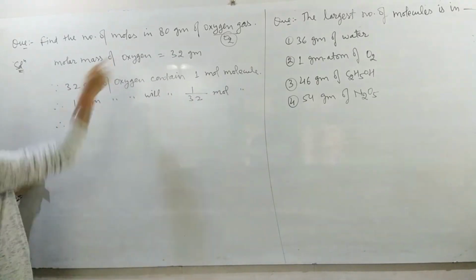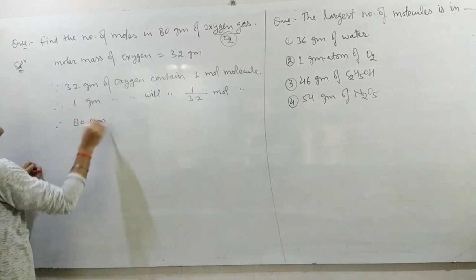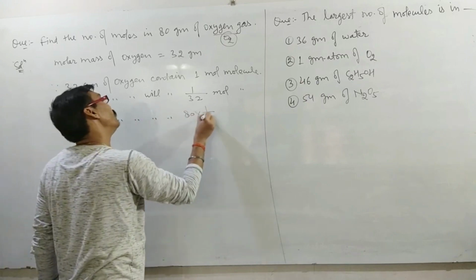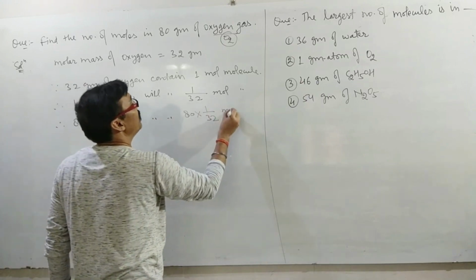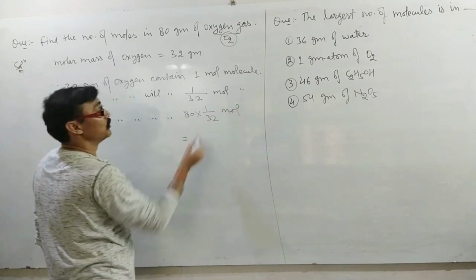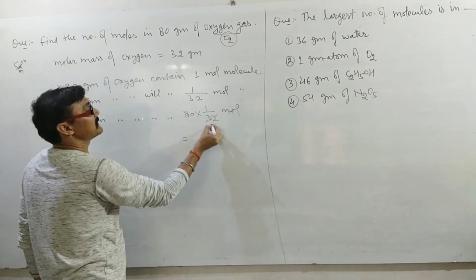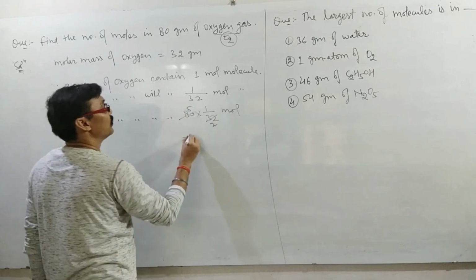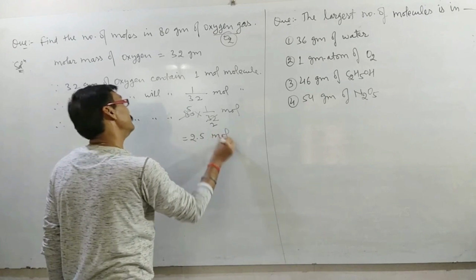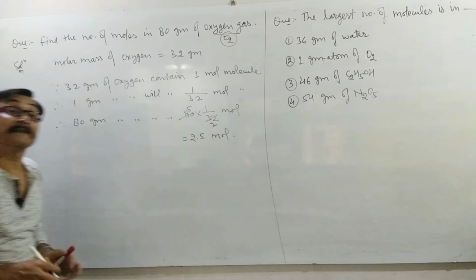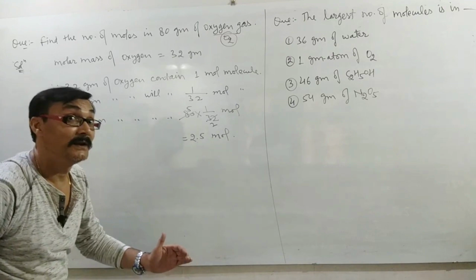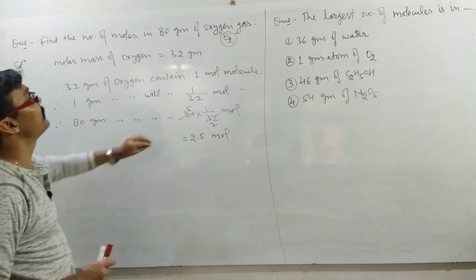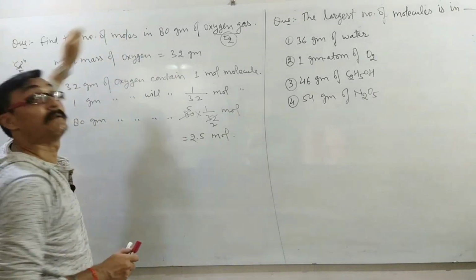Now, 80 gram of oxygen will contain 80 into 1 by 32 mole, which is 2.5 mole. But it is not class 5th. You should not use unitary method, so you can formulate these data.